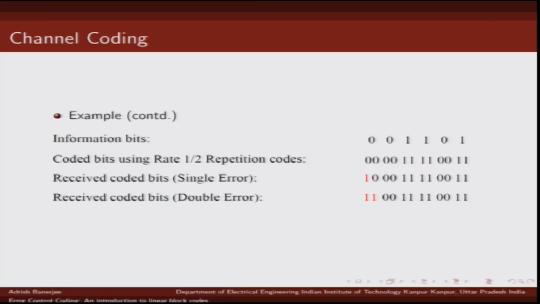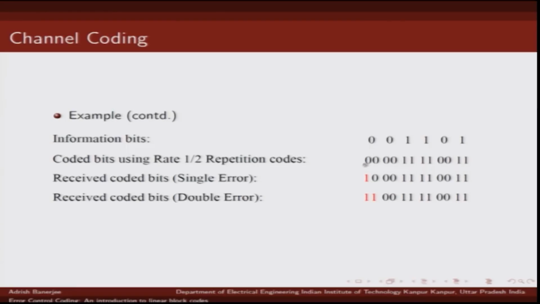Let us take this example. Let us say I want to transmit this set of bits: 0 0 1 1 0 1. If I use a rate 1/2 repetition code, what would my coded bits be?